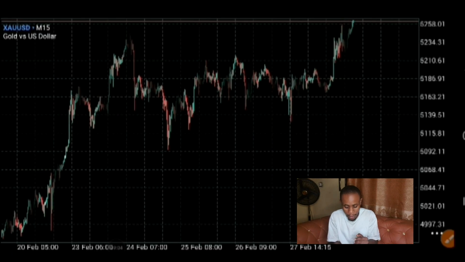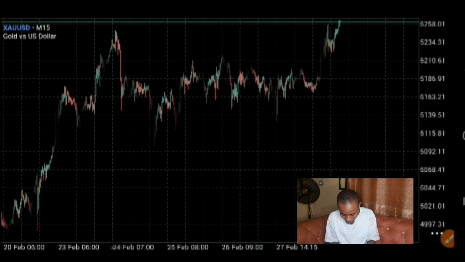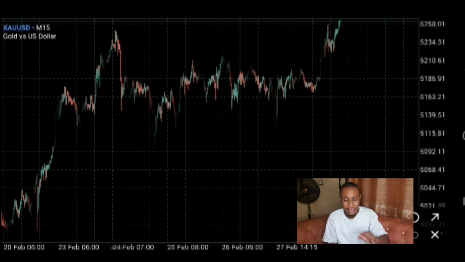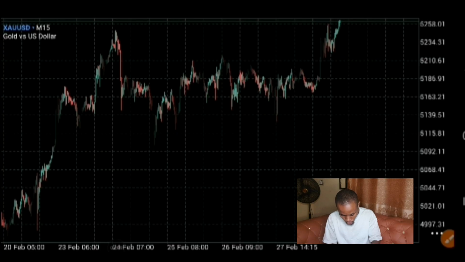So the more you reduce your time frame, the broader those things look. It's not like the chart is changing, it's still the same market chart. So like I told you, the shorter time frame helps you to understand what is happening in the market.